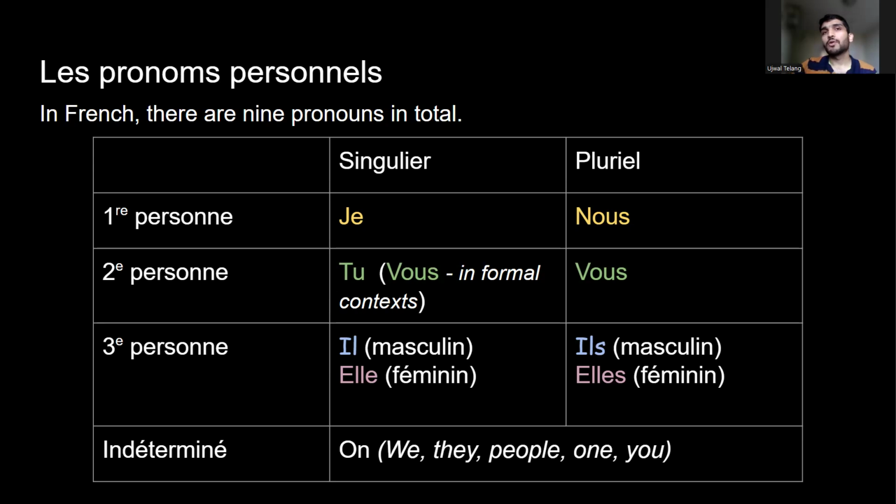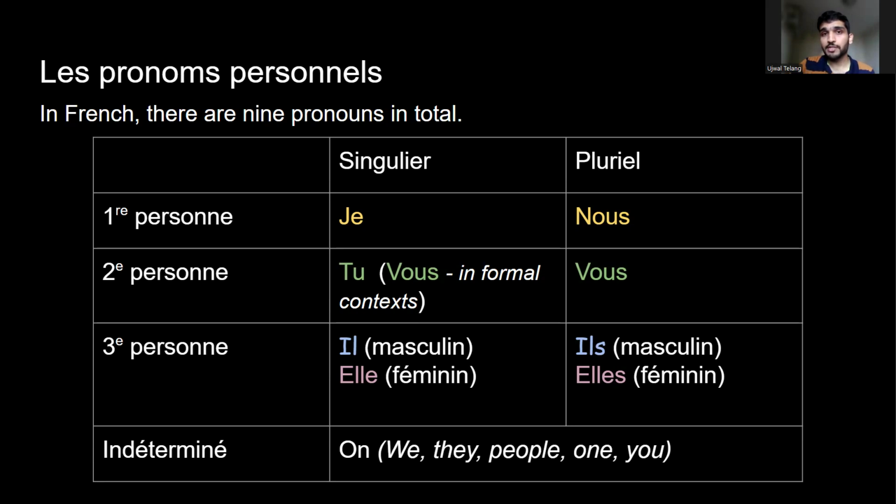Or if it's a group of objects, which are all masculine, or if it's some masculine objects and some feminine objects. Okay, and then elles is when all of the objects are feminine in grammatical gender, or if I'm talking about people, they're all females. Okay, then you would use elles.